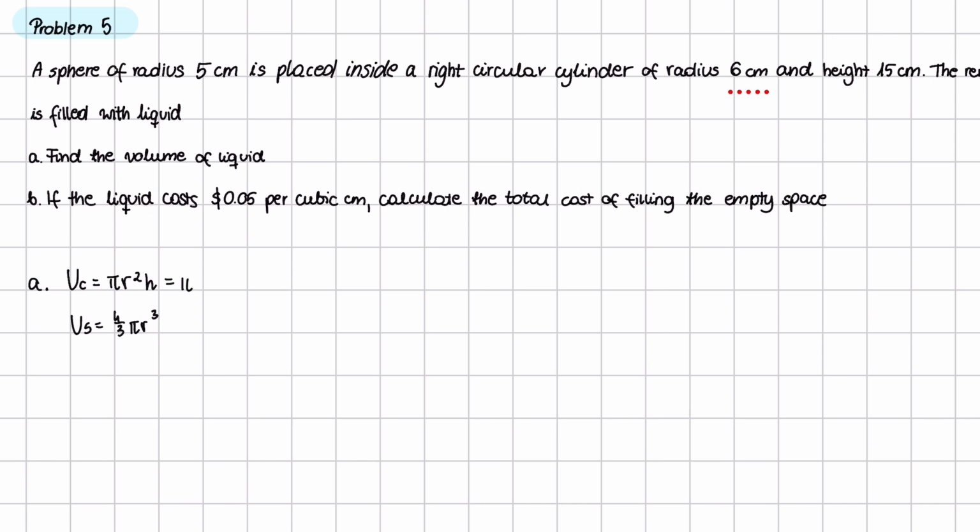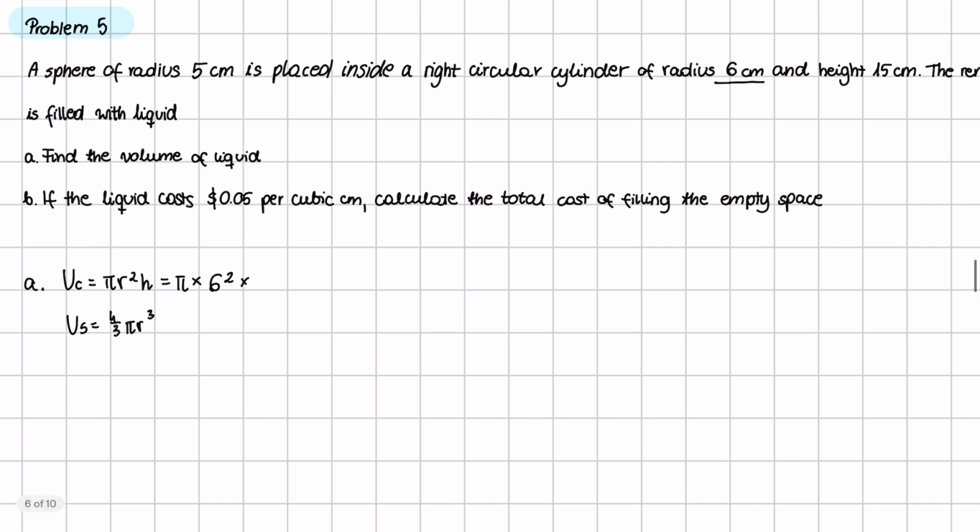So pi times radius 6 centimeters, so 6 squared, and times height, so 15. And here we have 4/3 times pi times r, so 5 to the power of 3.